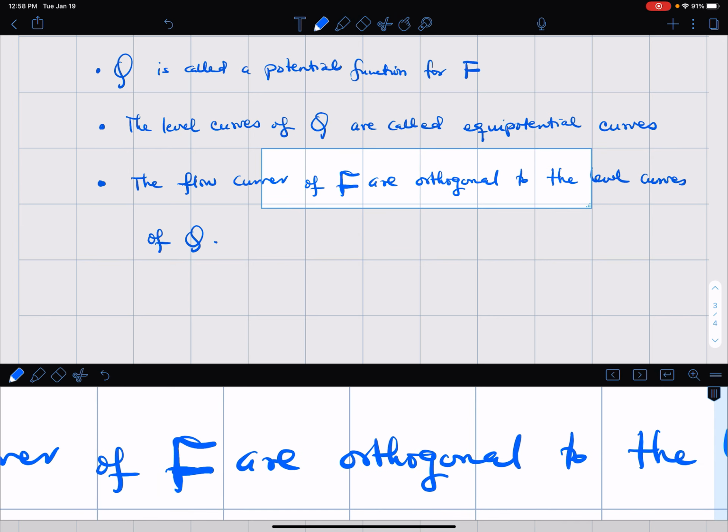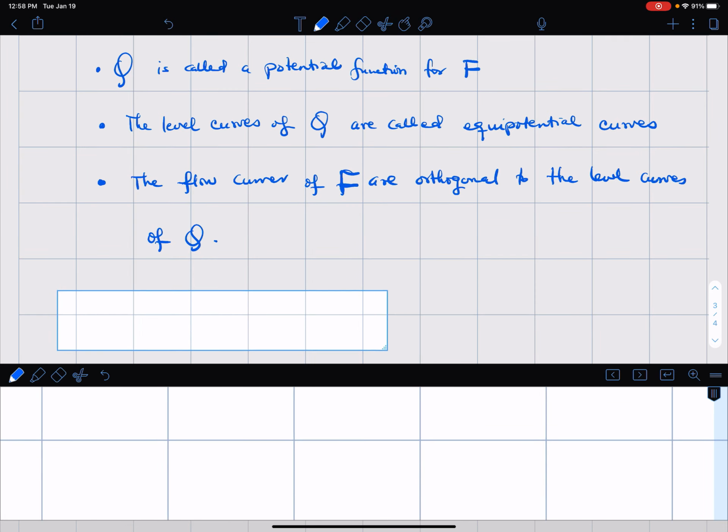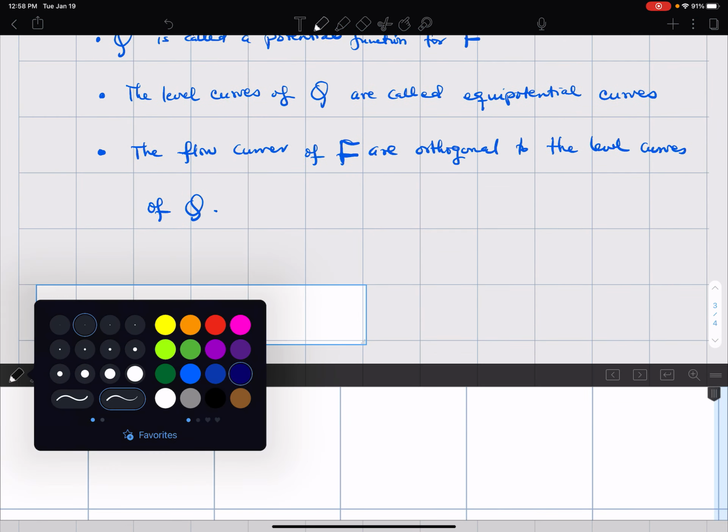All right. So let's look at some examples.